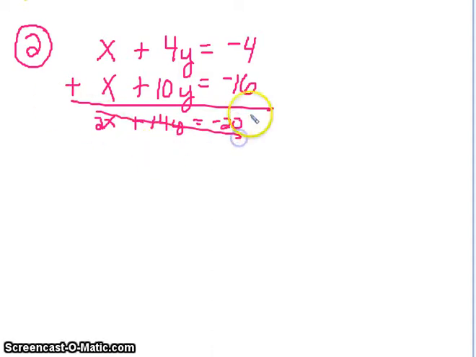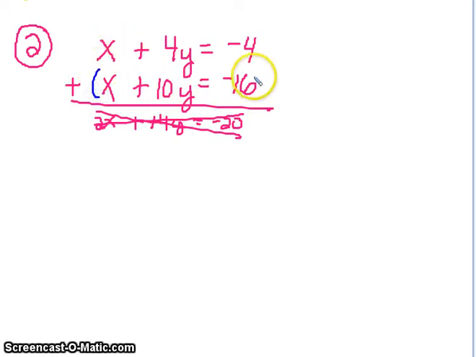Now that's no good. It doesn't get rid of anything. I have to get rid of something. The whole deal is combination elimination. That didn't eliminate. So what I have to do is say, hey, this is an x and this is an x. If this were a negative x, then something would cancel.